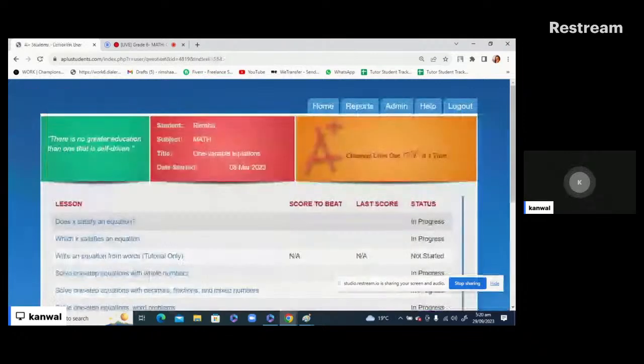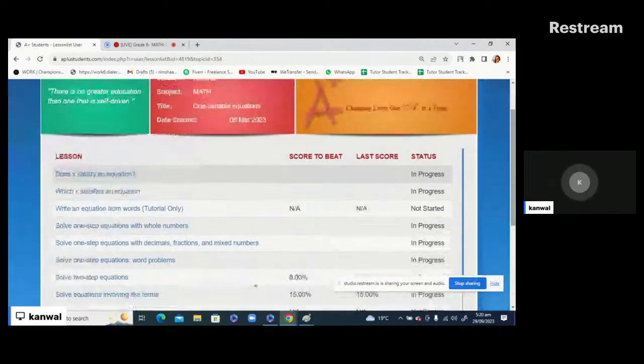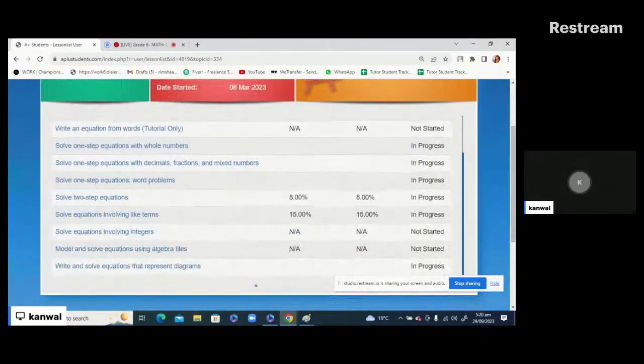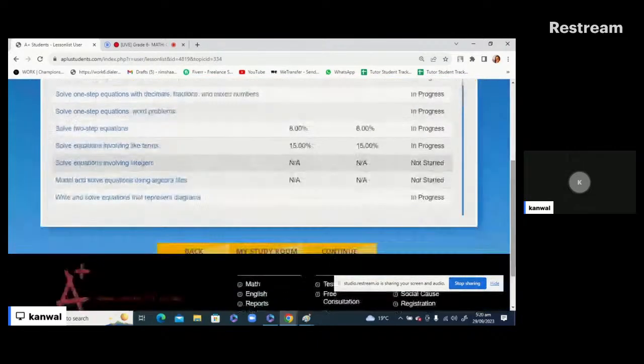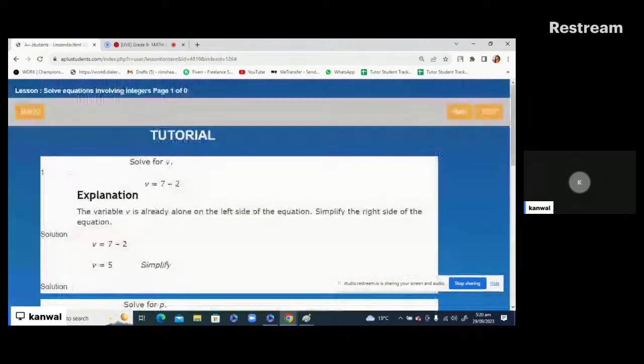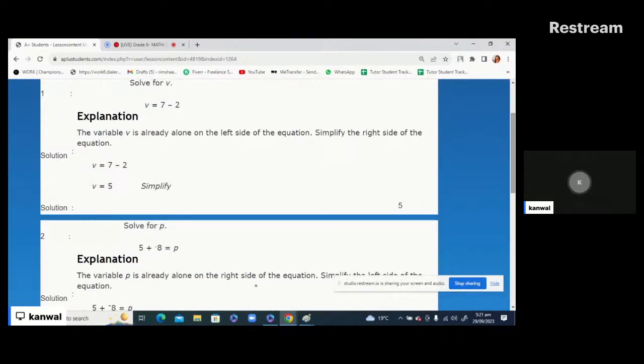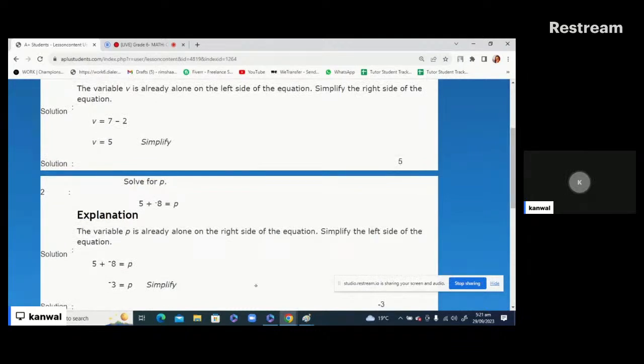Okay, now let's discuss the next lesson. You guys solve the rest of the questions. Solve equations involving integers. Here the integers are involved, like the simple things now.